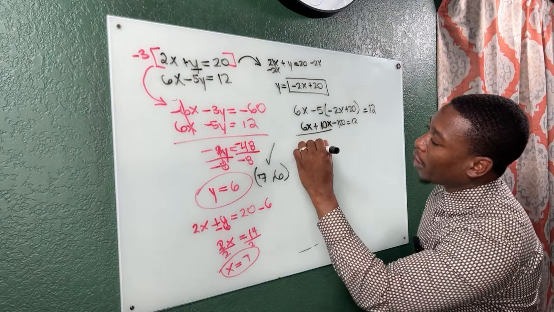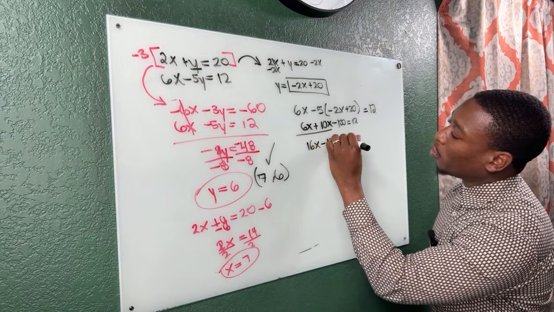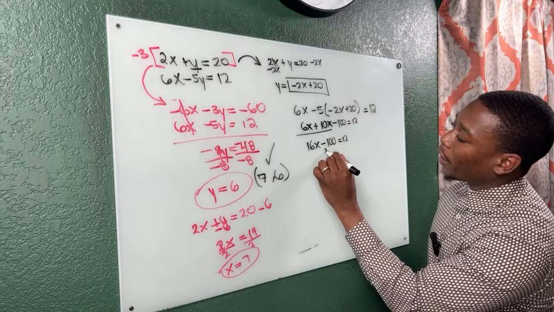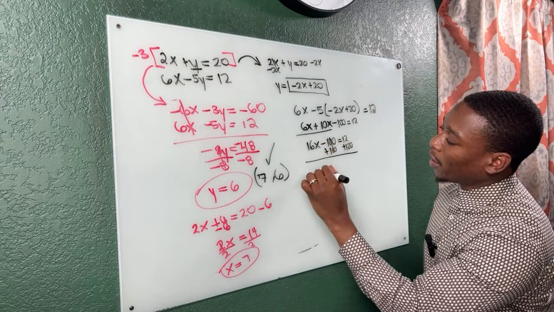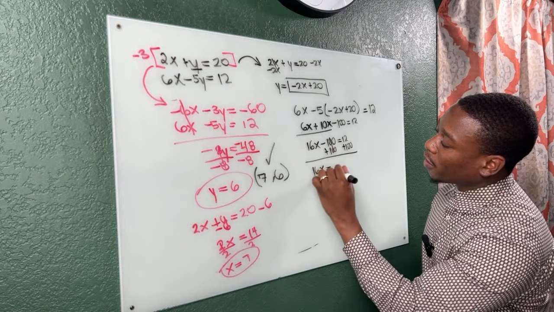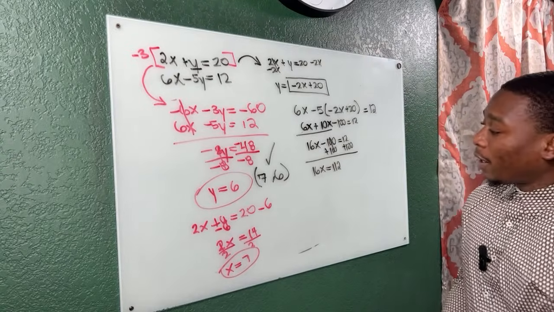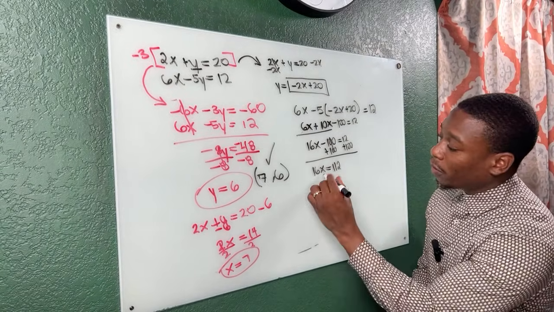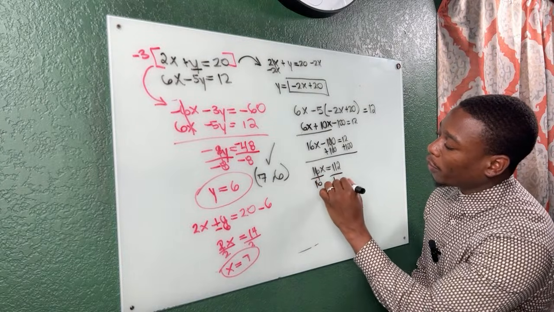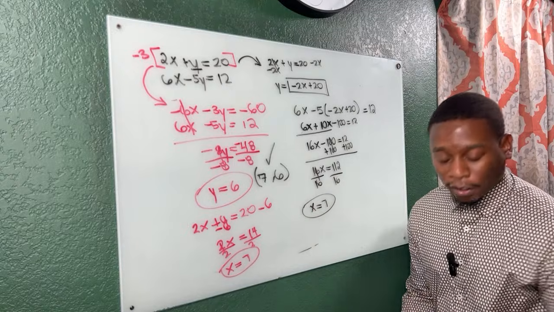Okay. So now we have 16x minus 100 is equal to 12. We're going to combine on 112 because those are like terms. So we add on both sides. 16x is equal to 112. So now when we go back and divide for x, we're still going to get 7. So either way that you use, family, you will get the right answer.